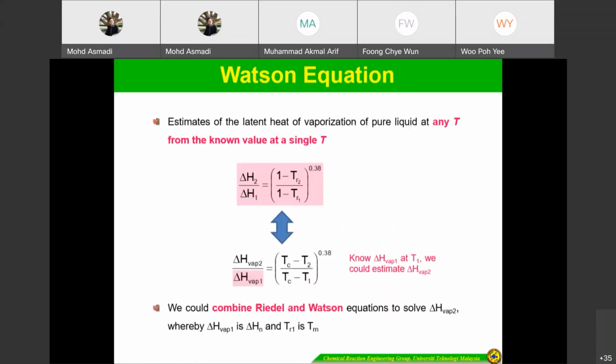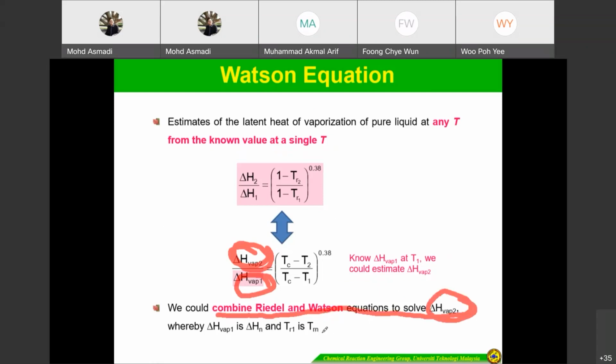And then for the Watson equation, it's stated that for any temperature, from the known value at a single temperature, meaning the initial value, so we know maybe T1 or T2, just do the correlation so we can calculate the delta H of evaporation at the final temperature. This one we can calculate by using Riedel. We could combine Riedel and Watson to solve delta H vaporization.